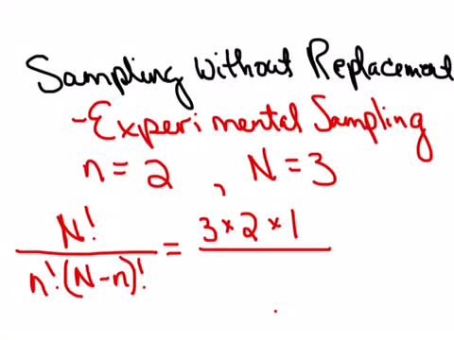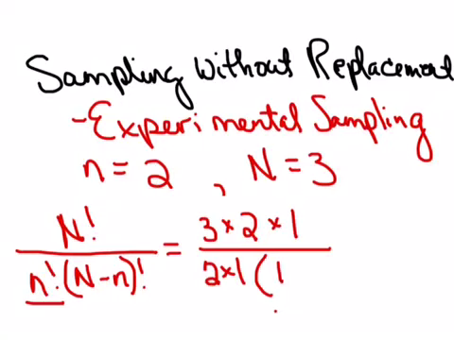And then we do the same. We're really lucky because lowercase n factorial, with n being 2, means we're just multiplying 2 times 1. But then we have to account for N minus n, which is 3 minus 2, which is 1.